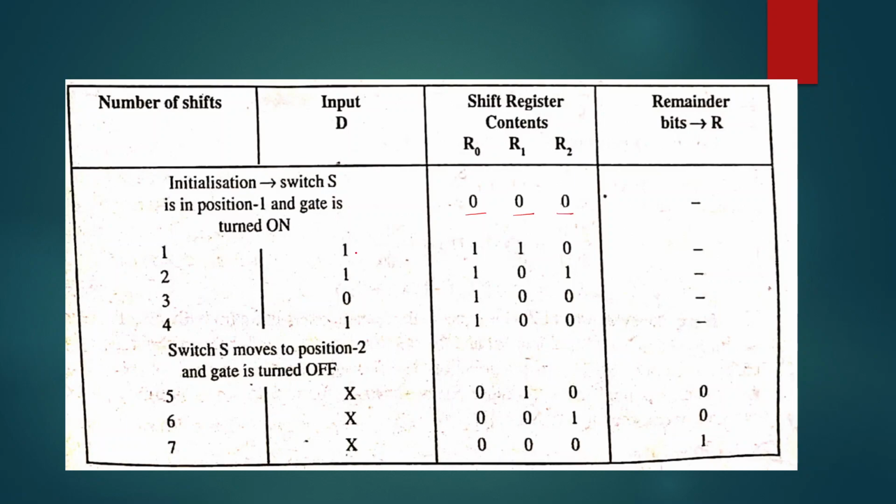In clock cycle 1, when I give the input as 1, we write the shift register contents. So finally at the end of entry of all the data bits, whatever R0, R1, R2 is obtained, that is what we call the remainder bits, and then it is extracted one by one.